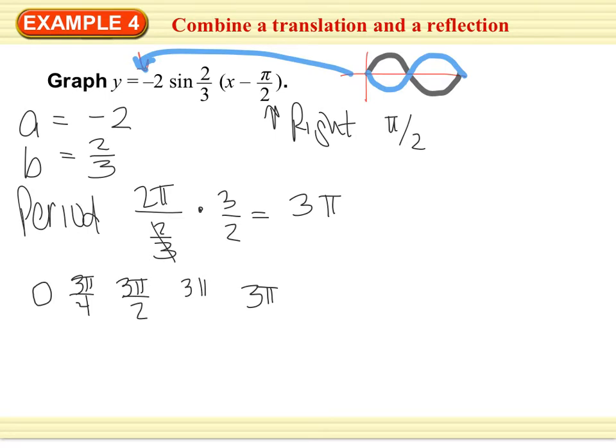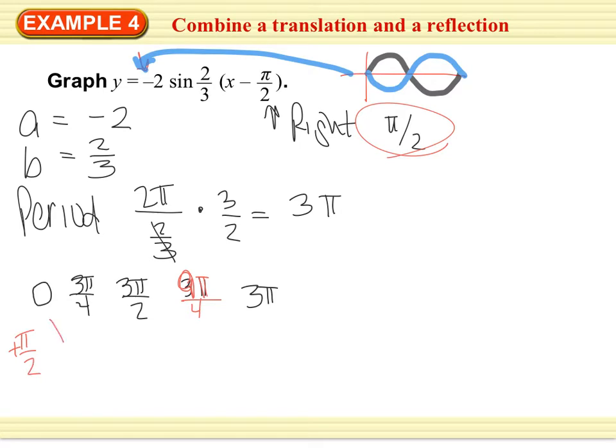Nope. Let me look at that. 9π/4. Sorry about that. 9π/4. So those are my 5 points, but I need to take into account that I am going to the right by π/2. So I'm adding π/2 to my points.